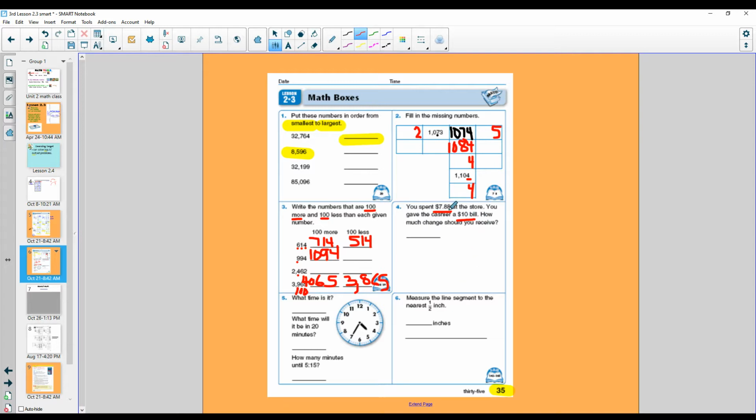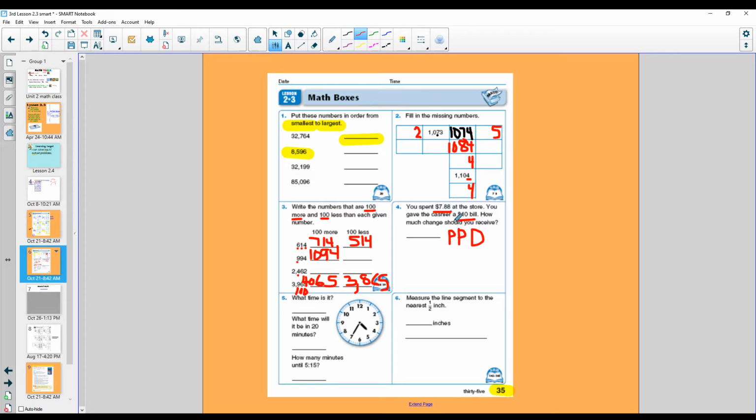I start with $7.88. I need to get to $10. So let's think. 88. Let's add a penny. That gets me to 7.89. Okay, 7.89, 7.90. All right, so now I'm at 7.90. If I add a dime, 7.90 plus a dime gets me to $8.